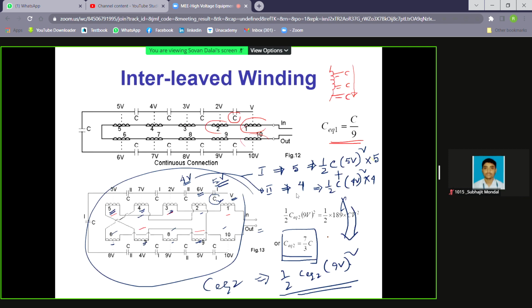Yes, sir. Okay. Now you see here C equivalent 2 is 7/3 times C, and C equivalent 1 is C by 9. So mind that this is a series capacitance. If you take the ratio of C equivalent 2 by C equivalent 1, what is the value?